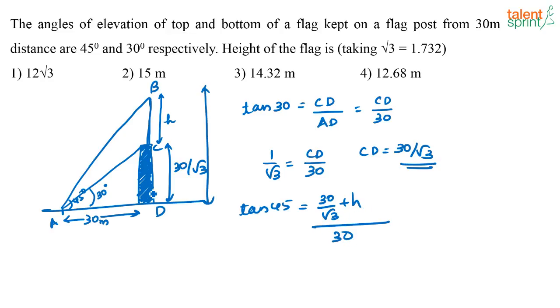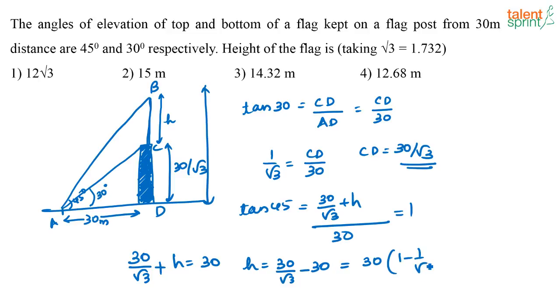Opposite side by adjacent side, that is tan 45. You know this is equal to 1, or I can say 30 divided by root 3 plus h is equal to 30, or h is equal to 30 minus 30 divided by root 3, or this is equal to 30 into 1 minus 1 by root 3, that is 30 into root 3 minus 1 by root 3.